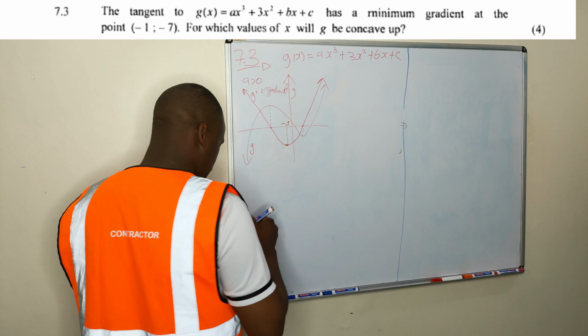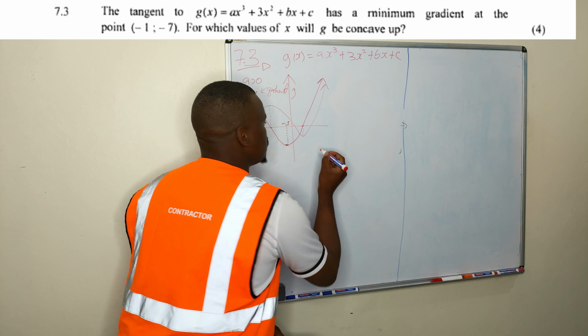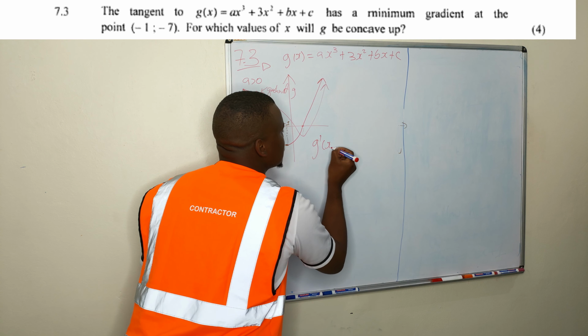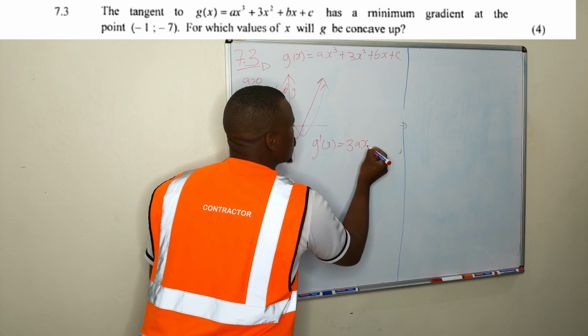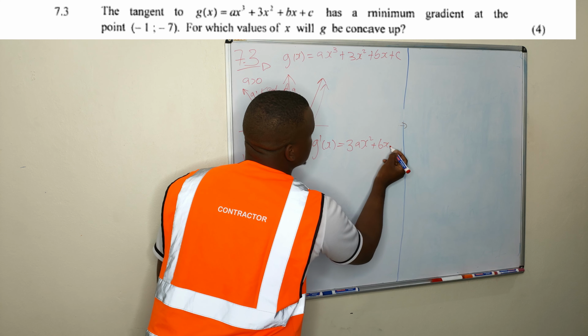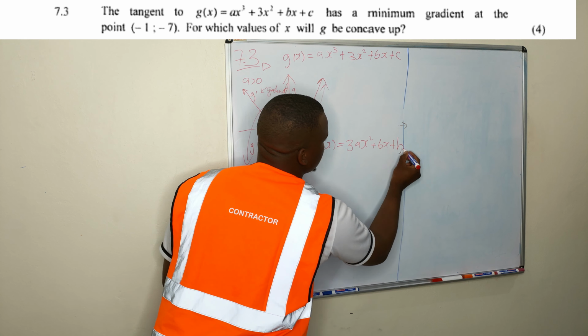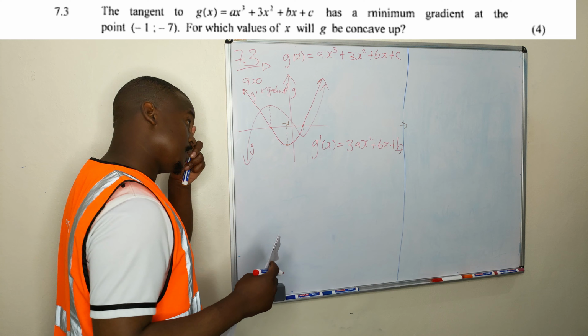So you say, okay, I'll get it by deriving that. So g prime at x is equal to 3ax squared plus 6x plus b, right? That is your gradient function.